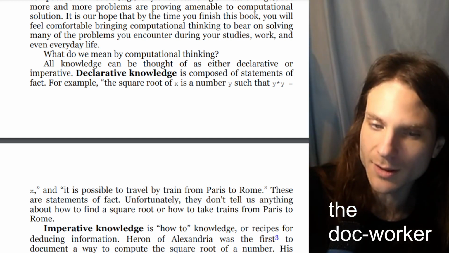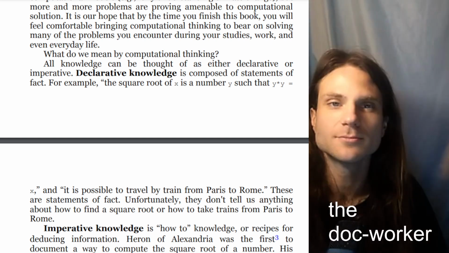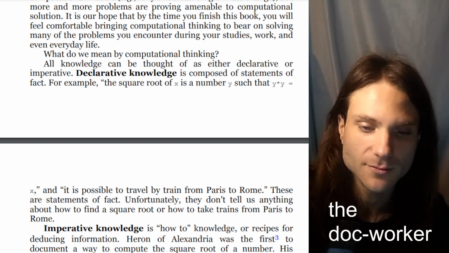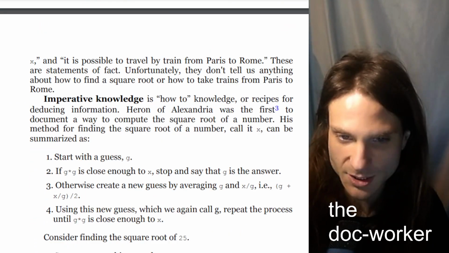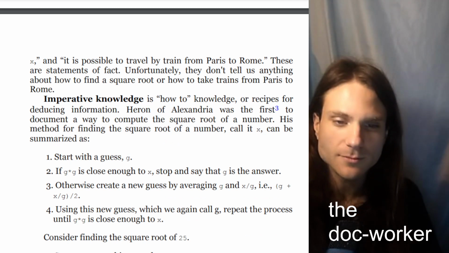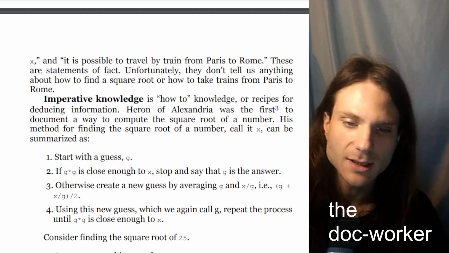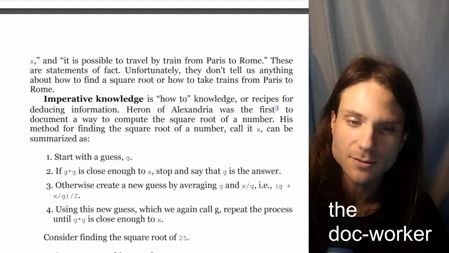And it is possible to travel by train from Paris to Rome. These are statements of fact. Unfortunately, they don't tell us anything about how to find a square root or how to take trains from Paris to Rome. Imperative knowledge is how-to knowledge, or recipes for deducing information.